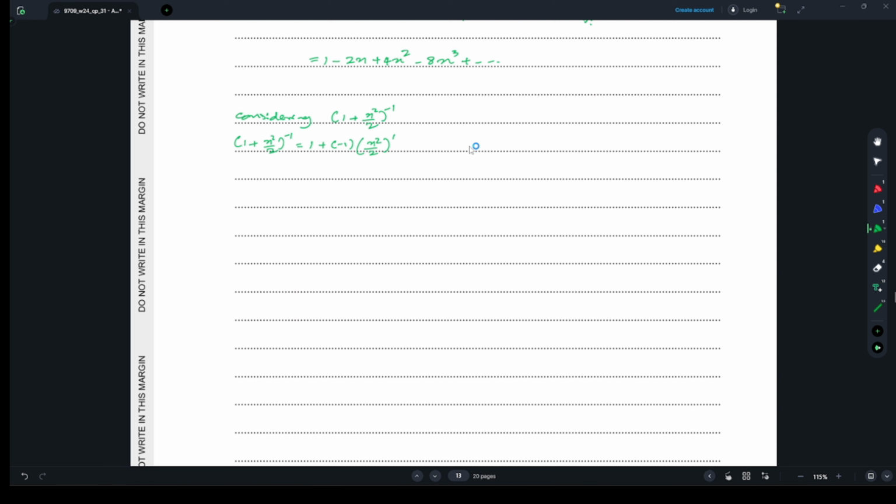We don't need to write power 1, but okay. And then minus 1, minus 2, divided by factorial 2, and here x squared over 2 to the power 2, plus minus 1, minus 2, minus 3, divided by factorial 3, and here power 3.